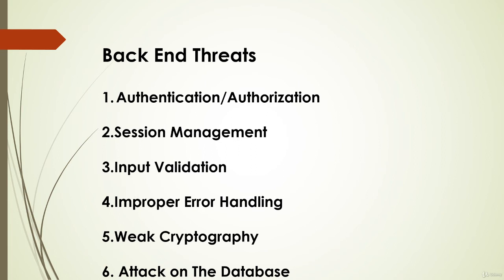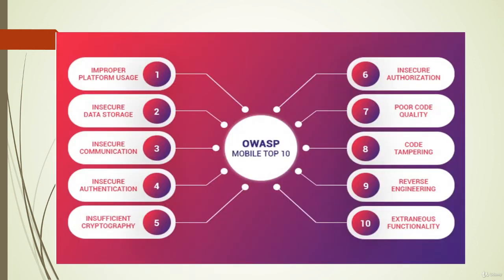Improper error handling means that if an application is not sanitizing the input variables, it leads to disclosure of some path or results, or stack trace errors which can be further exploited. Weak cryptography is when there are no proper ciphers or SSL protocol implemented, which can lead to cryptographic vulnerabilities. Attacking the database is nothing but exploiting SQL injection.